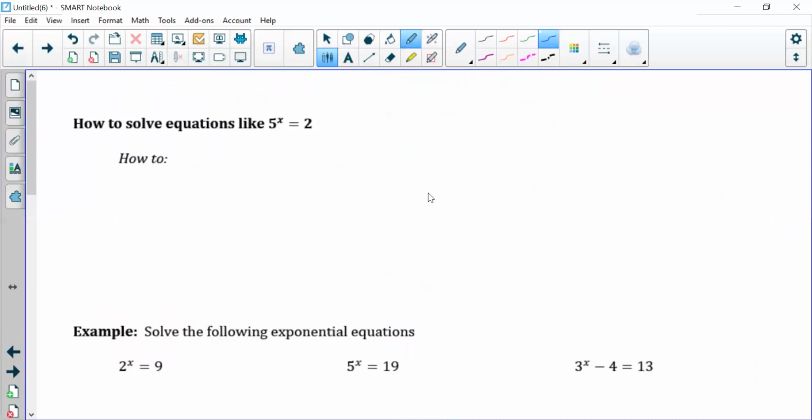All right, so how to solve equations like this? 5 to the x power equals 2. How in the world did we do that? All right, so let's see. Step 1 is get the exponential piece by itself.